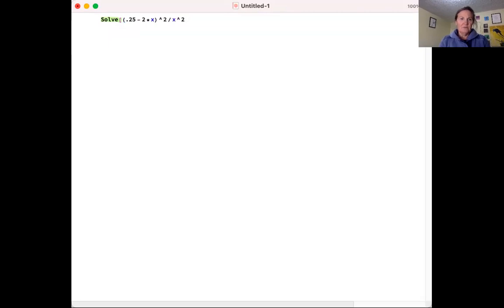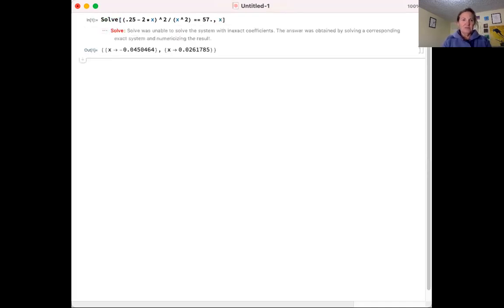This one would have been pretty easy to solve without doing this, because we could have just taken the square root, but why not just look at Mathematica? So that equals 57, and that was a double equal. I'll do that again for you. You have to say equals equals 57, and you want to solve for X. And then in Mathematica, shift return gives you the answer.